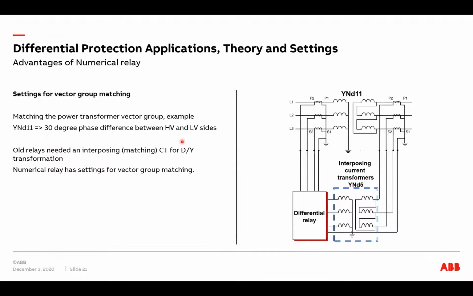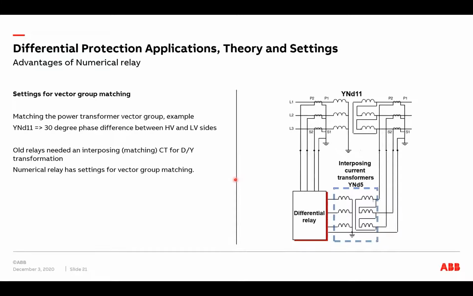In the old relays, we had to compensate for this 30-degree phase shift by using an interposing CT, like in this example, a YND5 interposing CT.